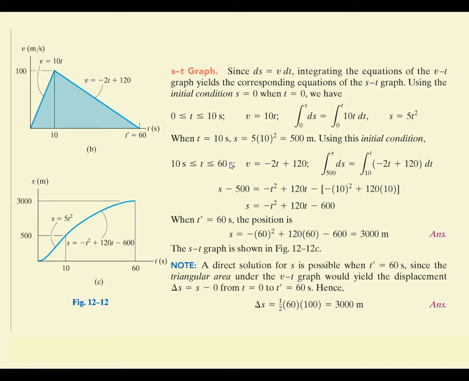And in this other one, you have the integration of that equation, which is going to give us the position. And that's what we see here. So the s-t graph is shown here.